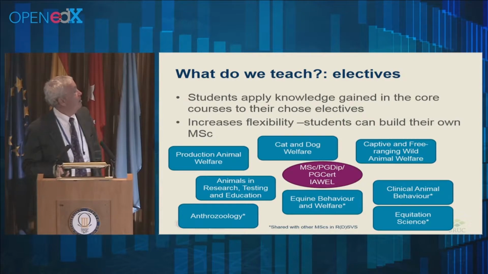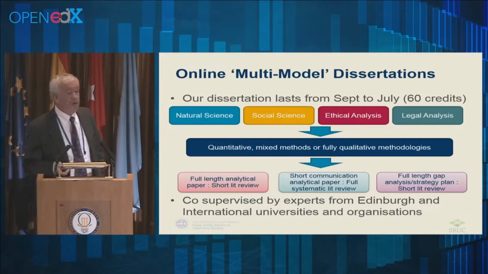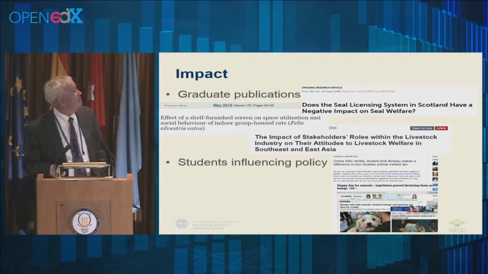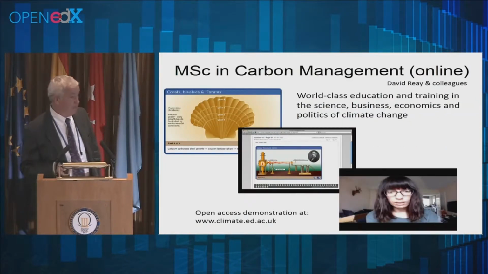And very nice pattern of flexibility, different routes, cat and dog welfare, equine behaviour, and also very nice models, supported a multi-model for dissertations, and lots of very nice impact of the students who are taking this in different places.